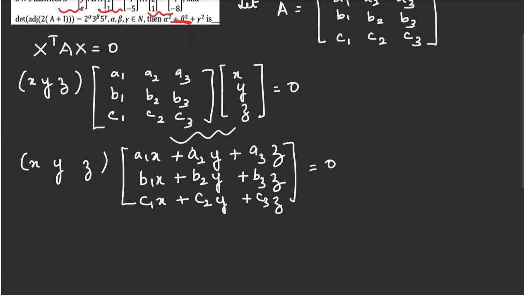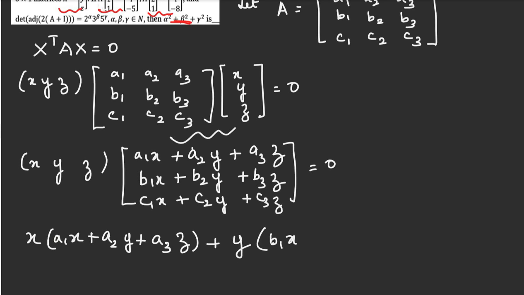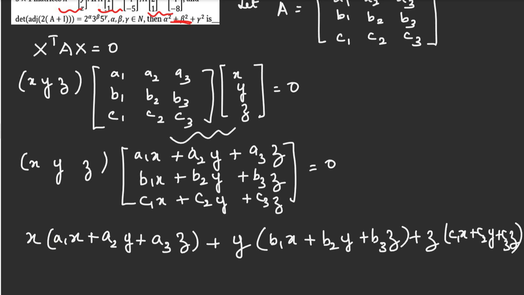Take the product and we get X into A1X plus A2Y plus A3Z plus Y into B1X plus B2Y plus B3Z plus Z into C1X plus C2Y plus C3Z is equal to 0.